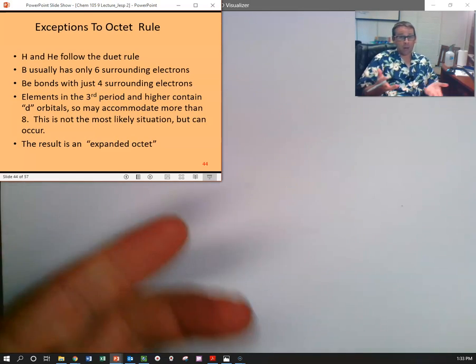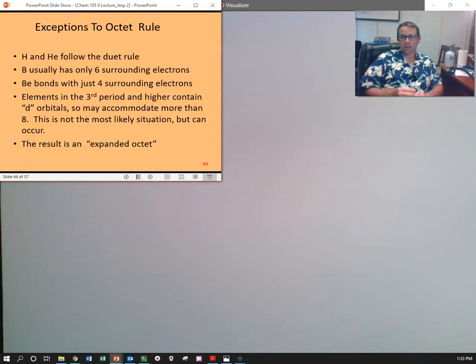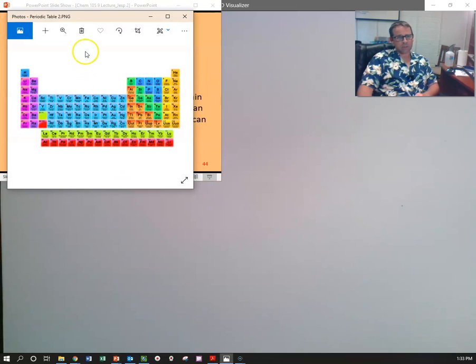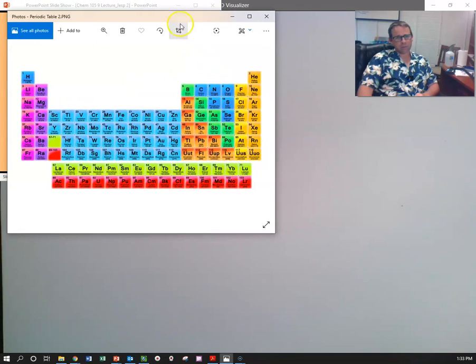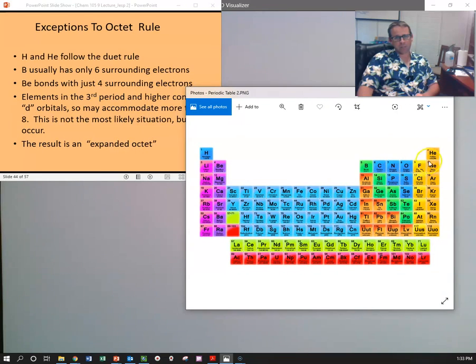Why or how can this be? Well, it turns out that if your element of interest, the central atom, is in the 3rd row or lower, all right, so if we're looking here at the periodic table, 1st row, hydrogen and helium, 2nd row, 3rd row or lower, phosphorus, sulfur, chlorine, argon, or lower, these nonmetals as central atoms can have more than 8 electrons available to them and still result in a stable compound.